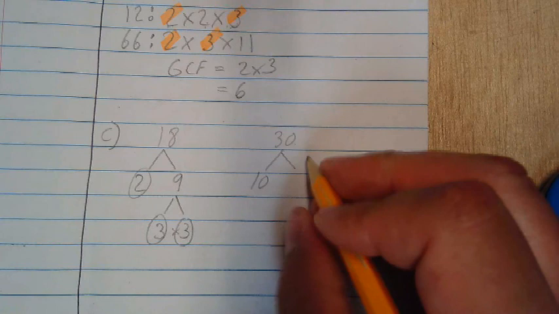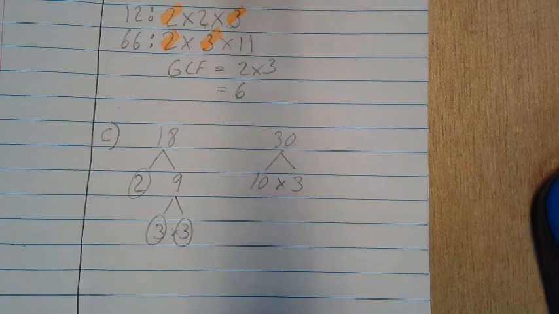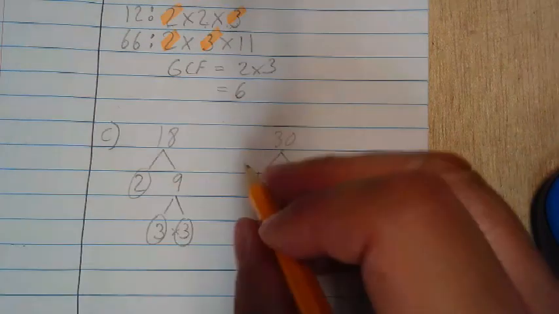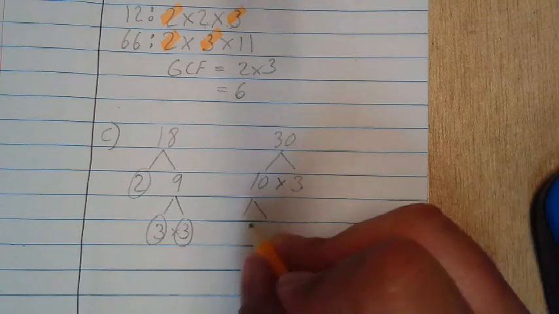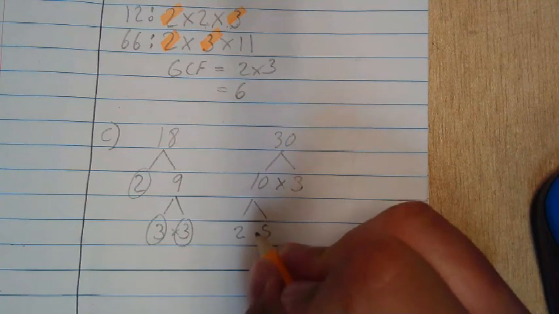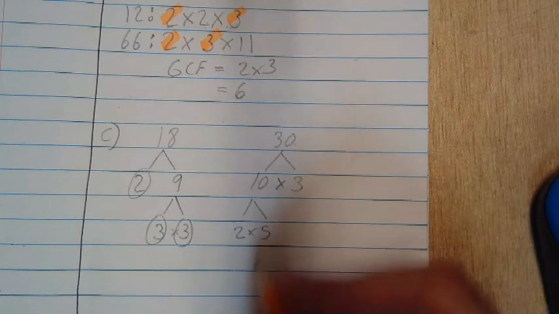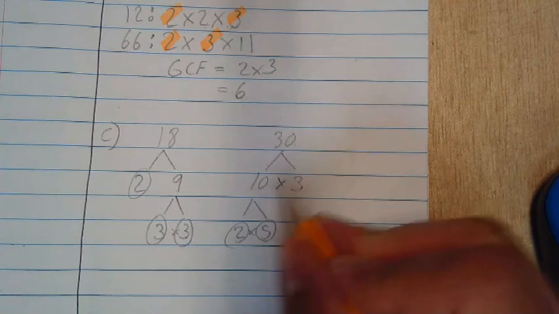I can use 10 to make 30. 10 times 3 is 30. And for 10, I can use 2 times 5, right? And all these numbers are prime.